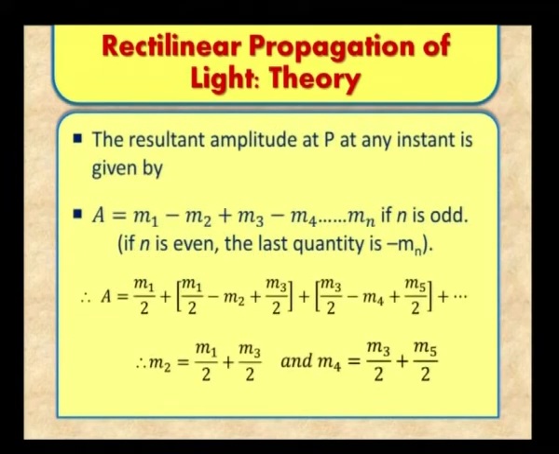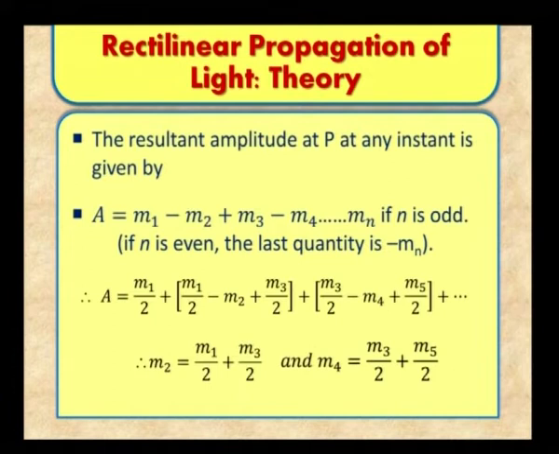The resultant amplitude at P at any instant is given by A, equal to the displacement caused by the light coming from the first half period zone, that is M1, the light coming from the second half period zone, that is M2, coming from third is M3. As I told you, they are alternately positive and negative because they are out of phase.